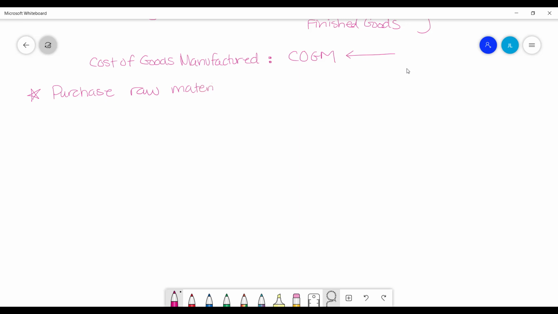Raw materials, they can be used in production as a direct or indirect material or both. So let's, for example, say that a company in question bought $60,000 in raw materials on account. So the question is, what would that look like?